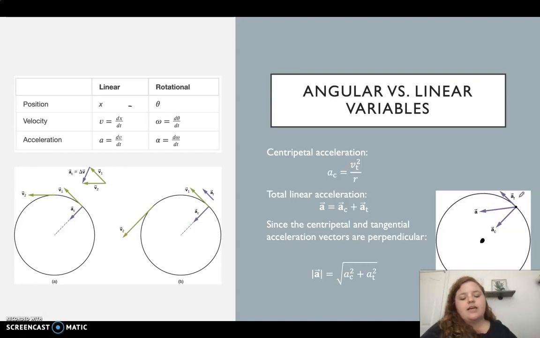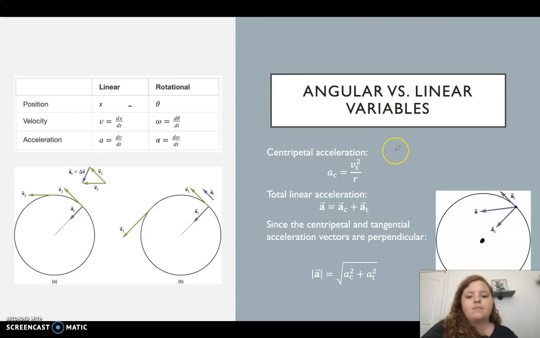Because these vectors are perpendicular, we can find the magnitude of our total linear acceleration in such a way. Notice how similar this is to other things that we have looked at in the past.